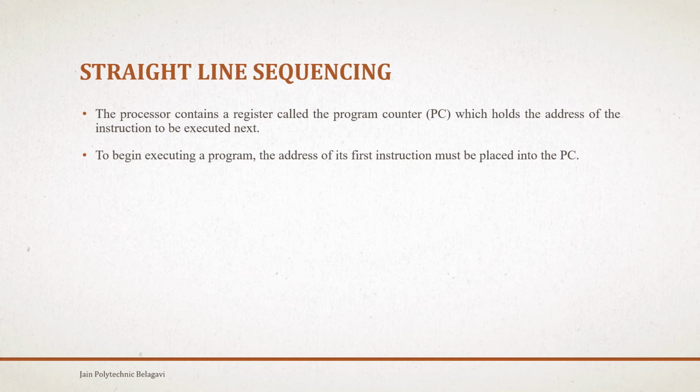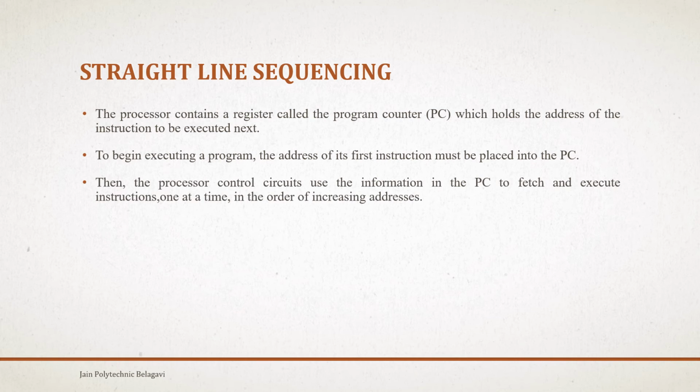To begin executing the program, the address of the first instruction should first be placed into the program counter, so the program counter will point to that instruction. Next, the processor control circuits use the information in the PC to fetch and execute instructions one at a time.